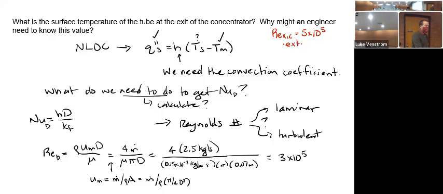So a couple of things. This is for external flow. We don't have external flow. We have internal flow. And the other thing is it tells us something about the transition point, right? So this tells us about a transition point. What it really says is the boundary layer transitions to turbulent at this spot, right? So this isn't going to work for us.